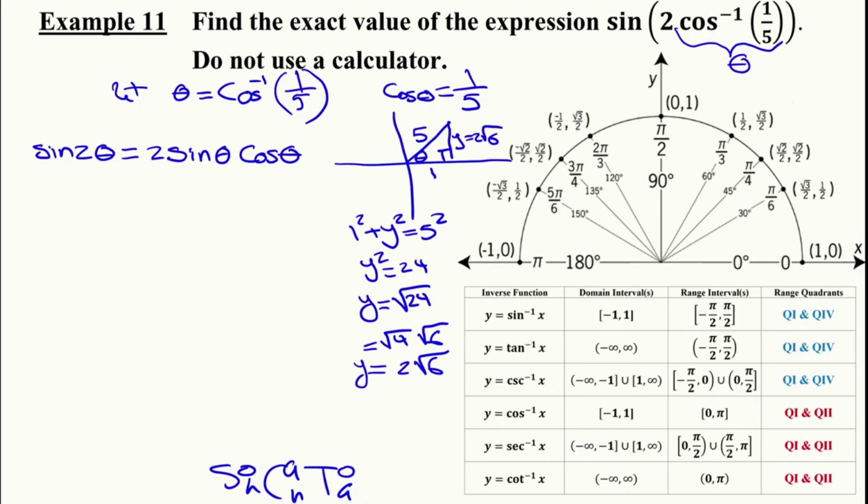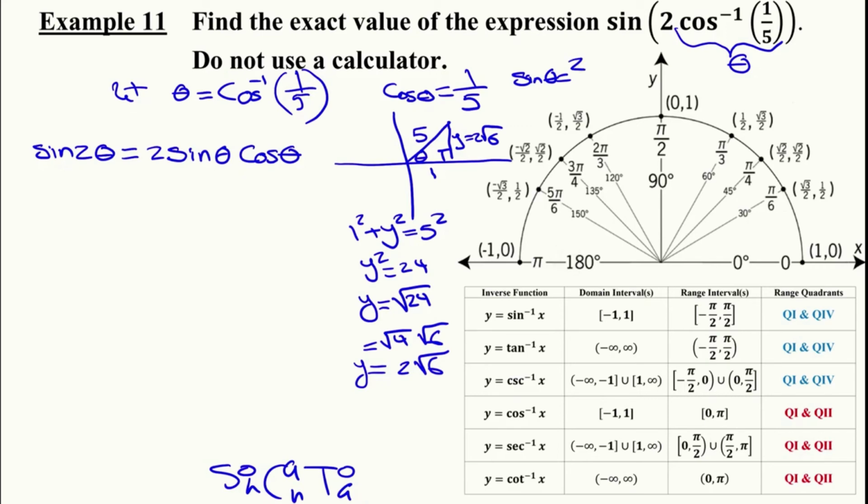So from that picture we can see, well, we already know the cosine, but remember we also need the sine of theta. So sine, as you know, is opposite over hypotenuse. For this angle theta, the opposite side now is 2 radical 6 and the hypotenuse is 5.